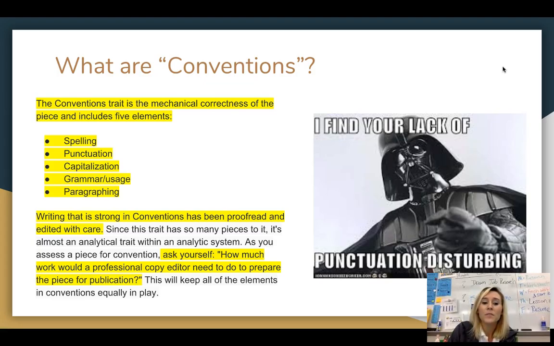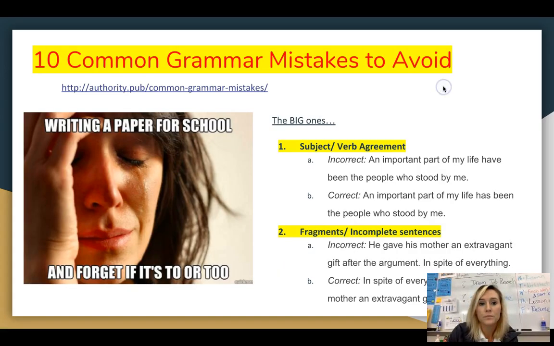As you assess a piece for conventions, ask yourself the question, how much work would a professional copy editor need to do to prepare this piece for publication? This will keep all the elements of conventions in play. In other words, it's all of those tricky little things that you get red marks on your paper for. So you've got to watch out for them.